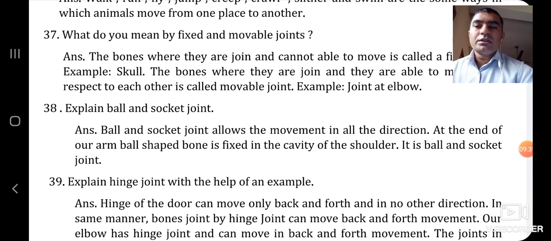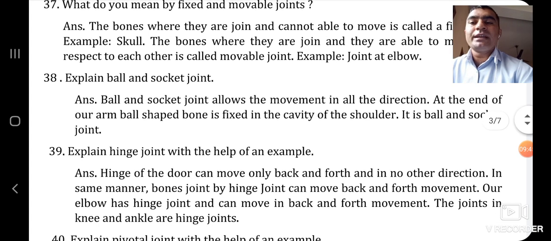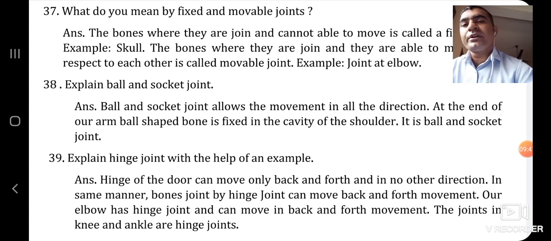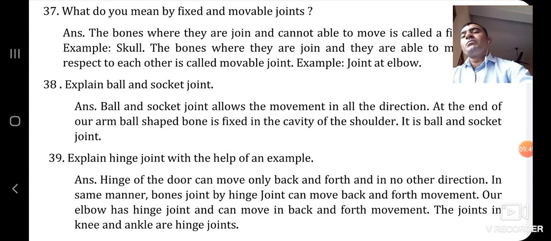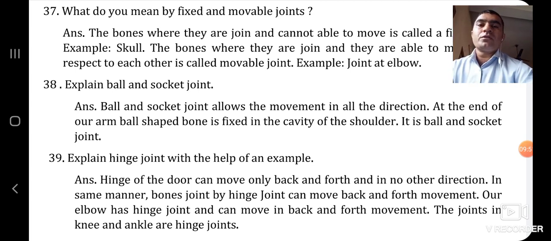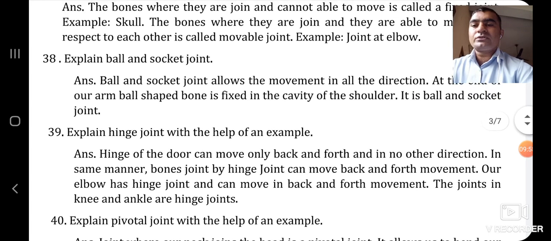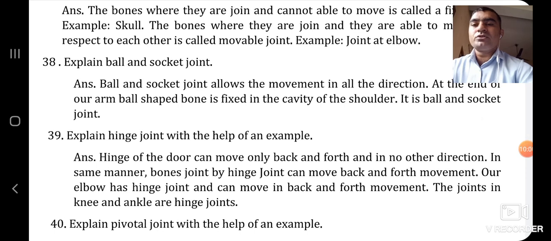Our elbow has a hinge joint and can only move back and forth. The joints in knee and ankle are also hinge joints. Hinge joints cannot move in all directions, right? And examples are knee, ankle and elbow.